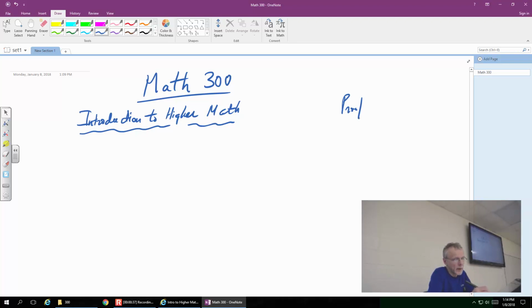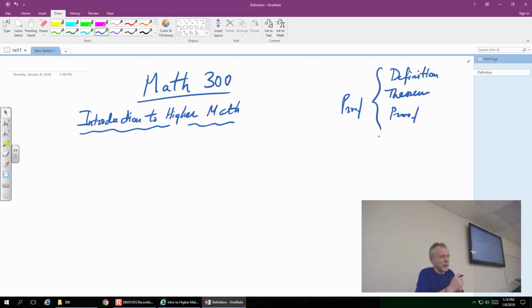If you look at any kind of more advanced mathematical book, and in fact any calculus book, you've seen it. It's the definition, theorem, proof. That's a format that is very tough to handle. Actually, if you have had experience with it, that's why we are starting here.